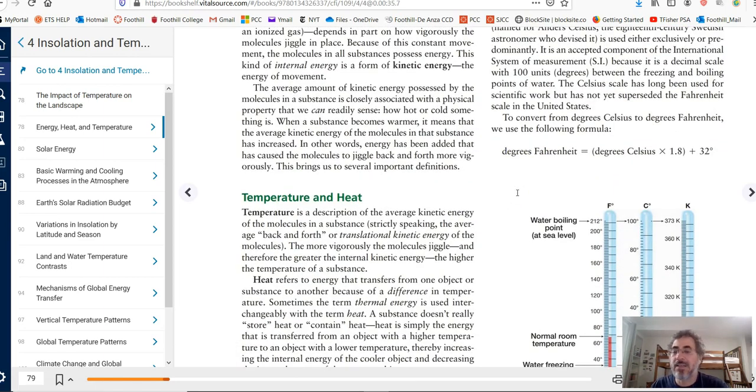Temperature and heat. It's important to know the distinction between the two. Heat is a form of energy, and temperature is basically a way that we measure how concentrated that energy is. Think about this. What if you have a needle and you put it on the fire, right?